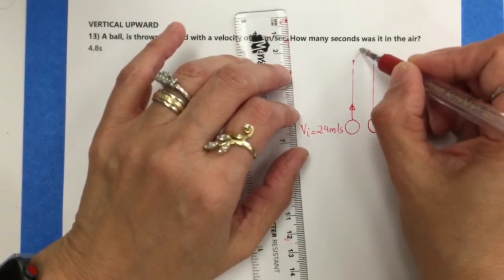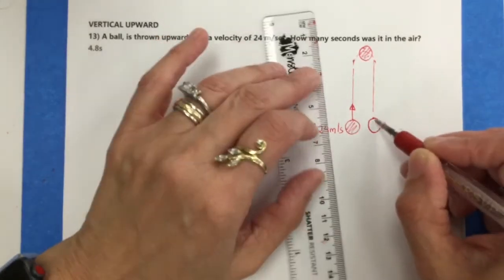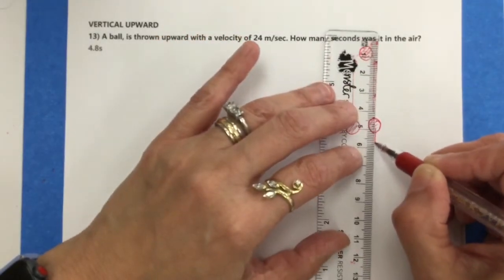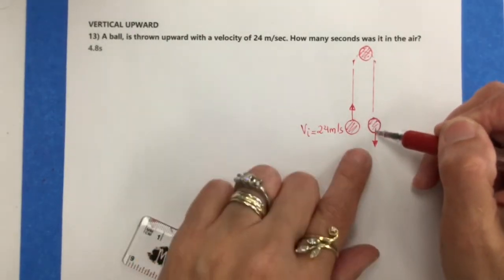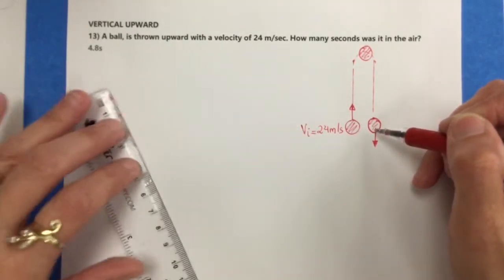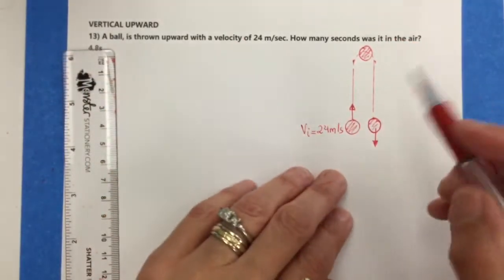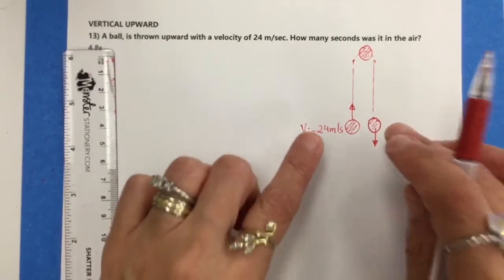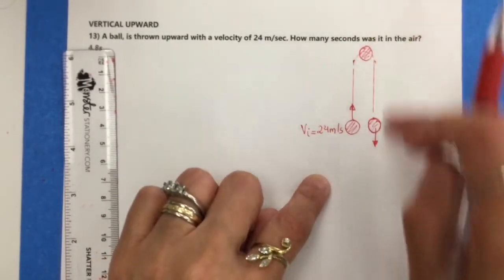Okay, so we have the ball in that direction, so it's being thrown up and coming down. A couple of things that we need to discuss here. Number one, there are two motions involved in this single motion, which is up and down.